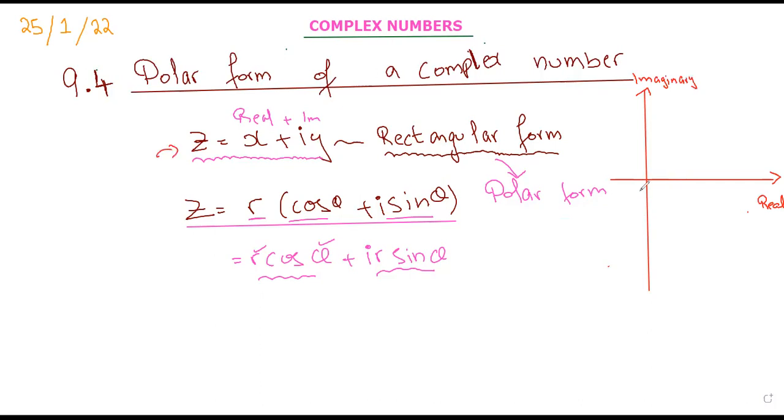Let's think that this is x and this is y. If I'm interested in plotting this complex number, it would be somewhere here, right? The x coordinate is x and the y coordinate is y. And I can draw a line connecting the origin to this point. So this is how I can represent z equals x plus iota y.